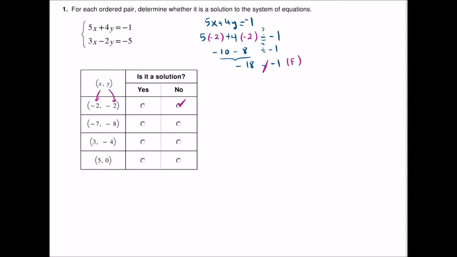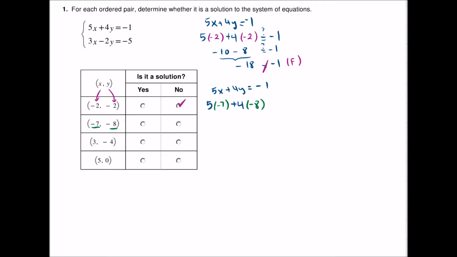If a point is a solution of the system, it has to satisfy both equations. We're going to check the second point. 5x plus 4y equals -1. I'm going to use the same equation, but this time x is -7 and y is -8. So 5 times -7 plus 4 times -8.